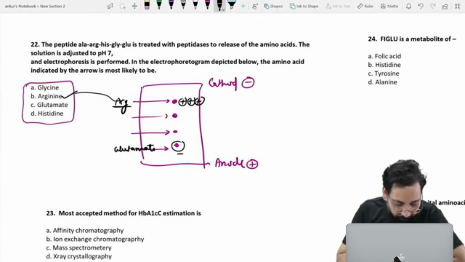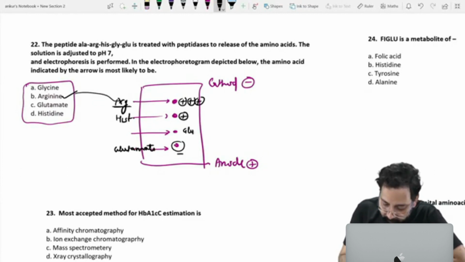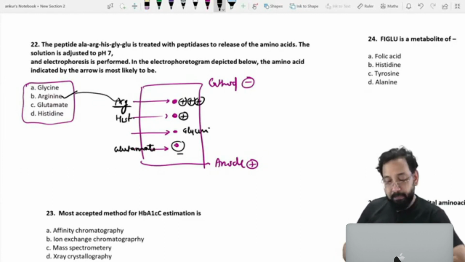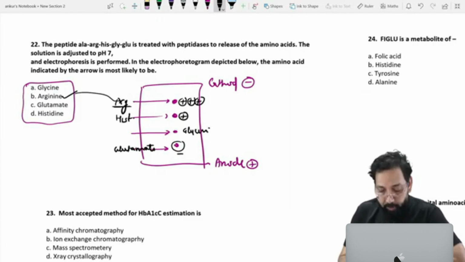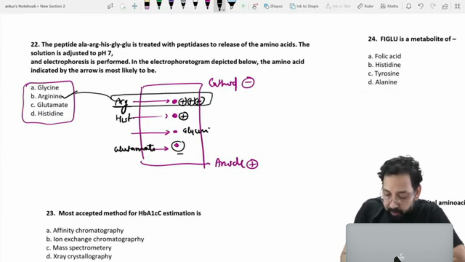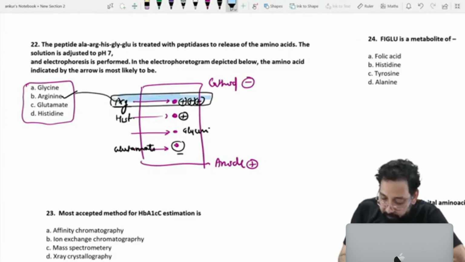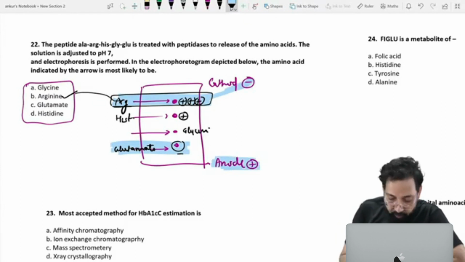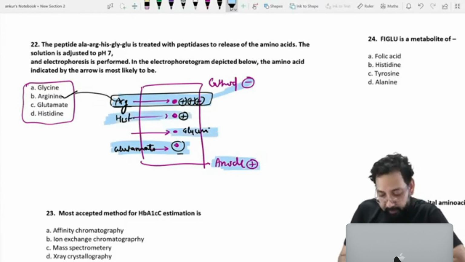This is histidine, positive charge, and this is glycine. I can keep them in this sequence. So arginine, maximum positive charge, moves maximum towards the cathode. Glutamate, negative charge, moves maximum towards the anode. Histidine, and this is glycine.